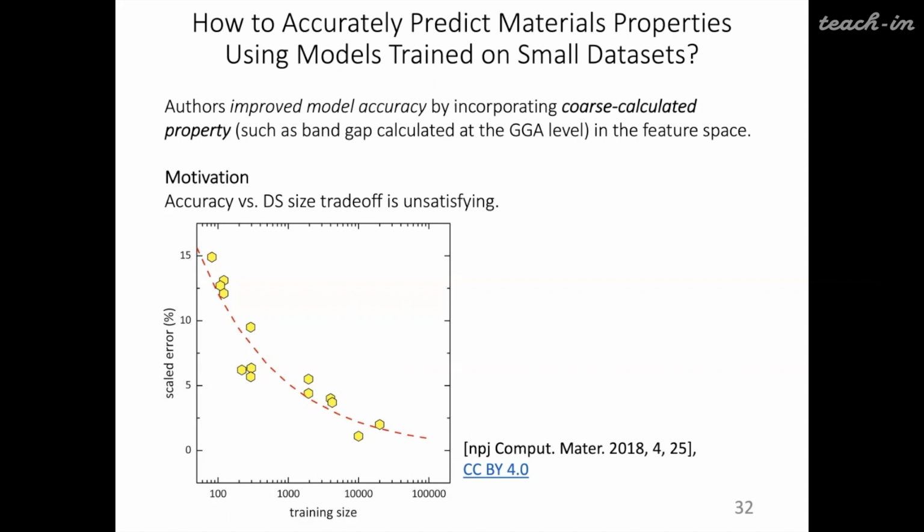And they proposed to increase model accuracy by incorporating coarse calculated properties. So basically, what they did is that they computed the same material property that is predicted with a machine learning model with an approach that is cheap in terms of computational time.